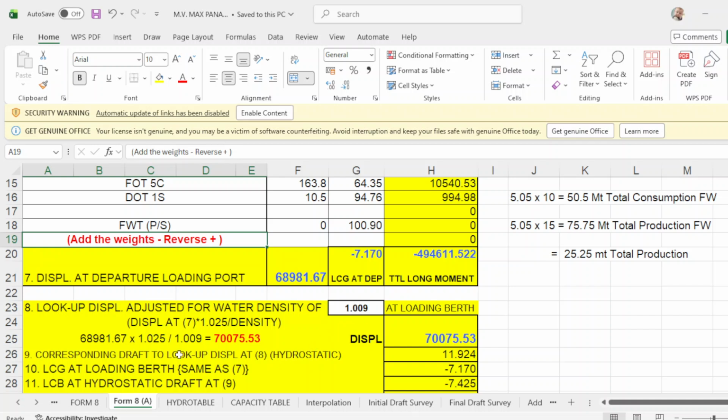So number 8, look at displacement, adjust for water of displacement.